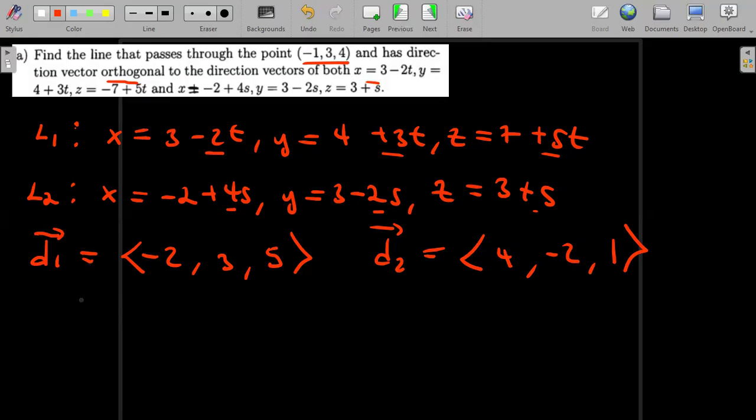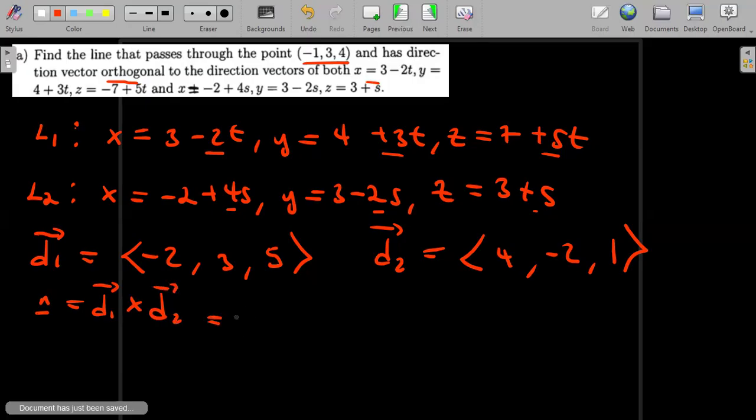Because they've told us it's orthogonal, we must find the cross product, which is D1 cross D2.